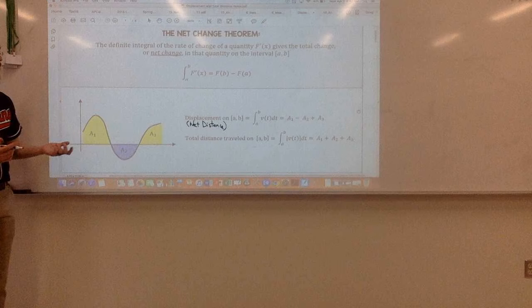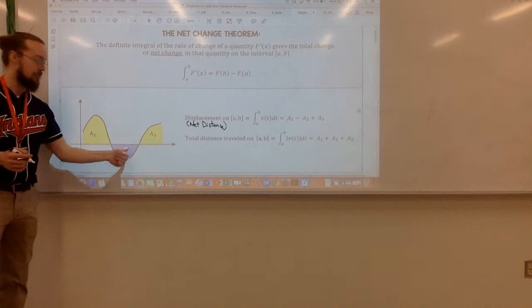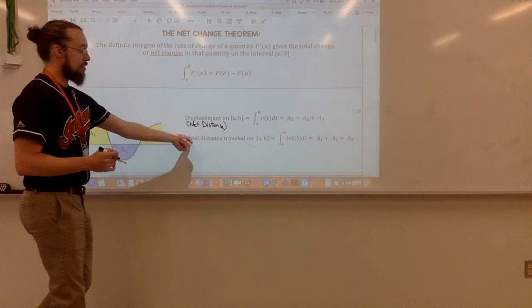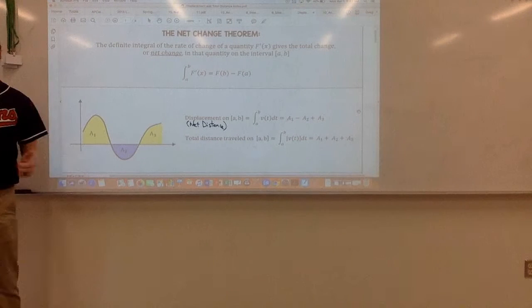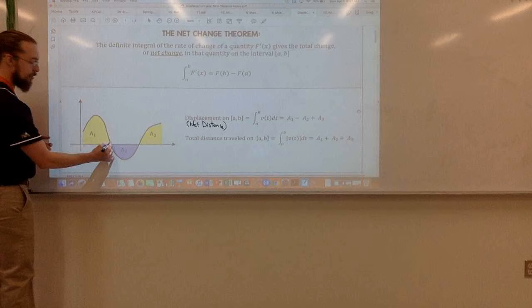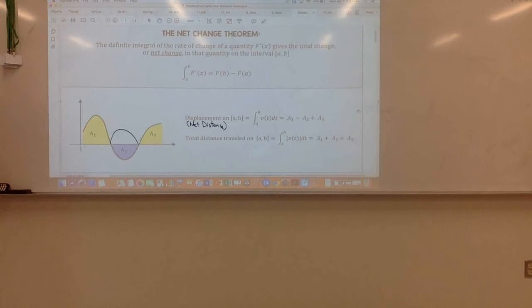So my displacement, I would take this minus this plus this. To get total distance, I would just add all 3 of these distances together. And I'm thinking about the absolute value. So what I'm really doing is flipping this piece up, saying, well, I traveled this far. Questions so far?